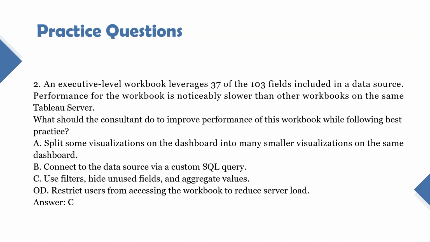A. Split some visualizations on the dashboard into many smaller visualizations on the same dashboard. B. Connect to the data source via a custom SQL query. C. Use filters, hide unused fields, and aggregate values. D. Restrict users from accessing the workbook to reduce server load. Answer: C.